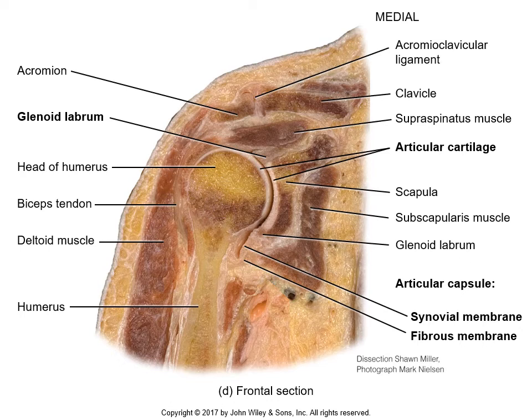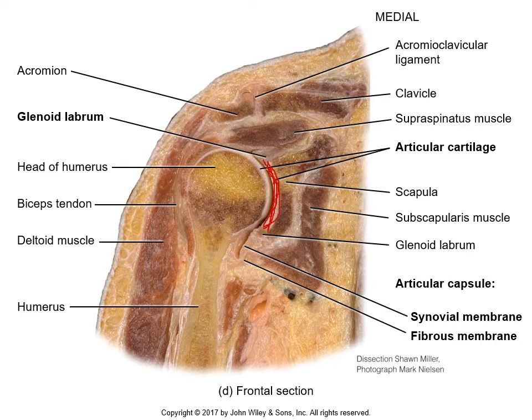Again, an actual cadaveric image. Articular cartilage, we see that all up and through here. One thing to keep in mind, which I mentioned before but there wasn't an image, here there is. Look how shallow this glenoid fossa is.